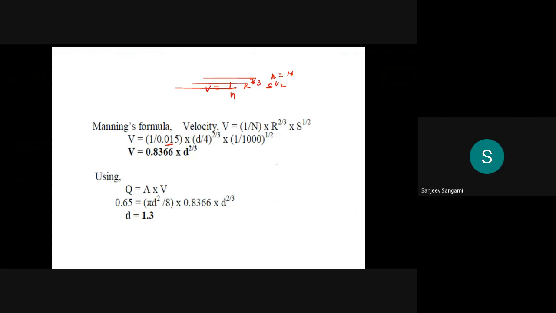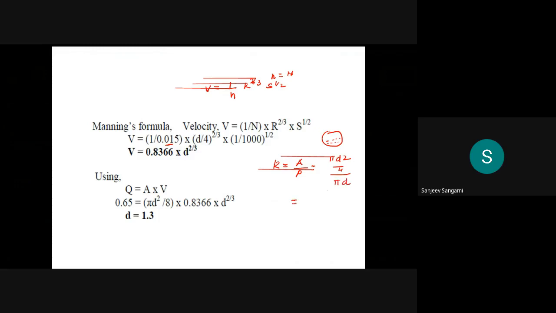Then R is nothing but A by P. A is the area of the circular section, but it is flowing 50%. So the area of the section is pi d square by 4, and the perimeter is pi d or 2 pi r.